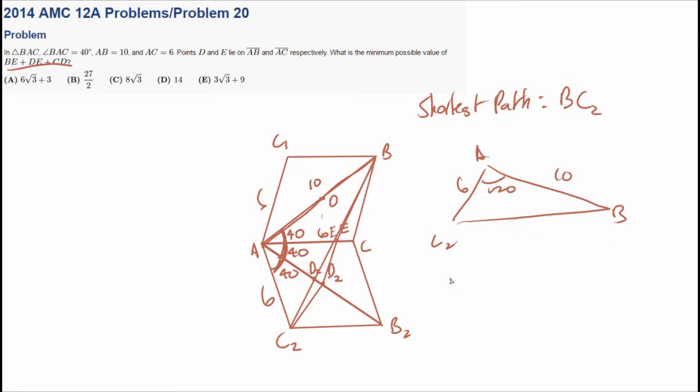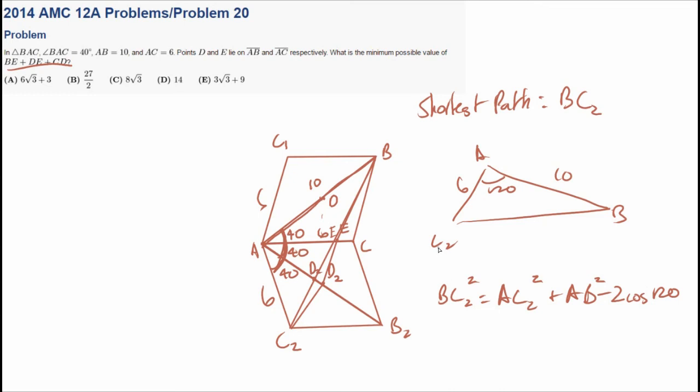So we can just use law of cosines. BC2 squared equals AC2 squared plus AB squared minus 2 times AC2 times AB times cosine 120.